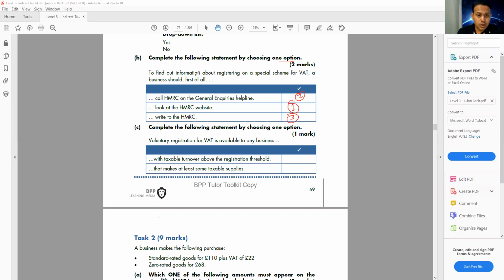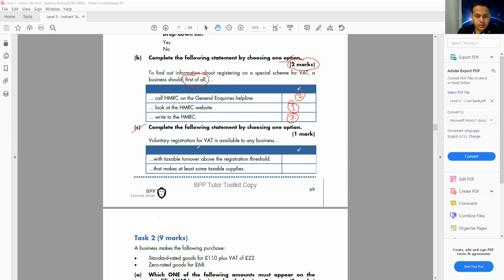So first of all, we need to look at the HMRC website. Okay, so this is a 2 marks question, very easy. Number C is asking: complete the following statement by choosing one option.